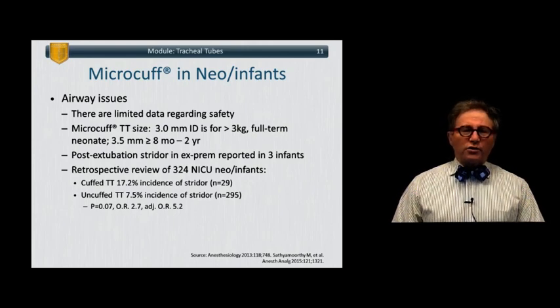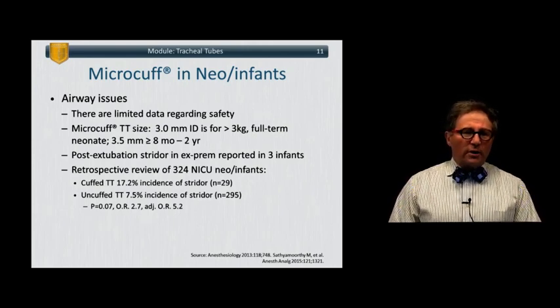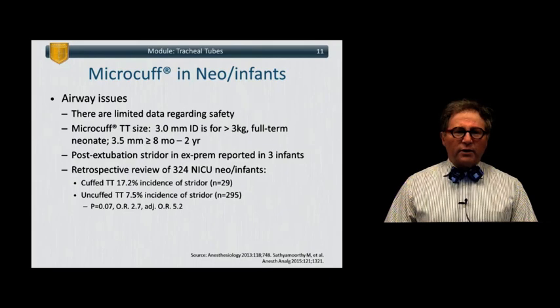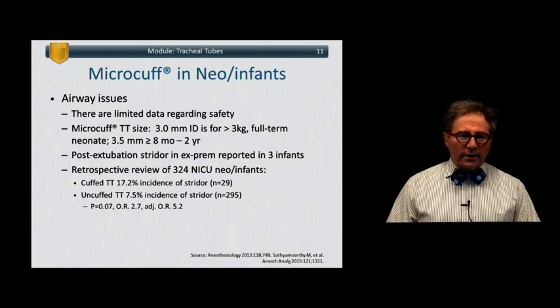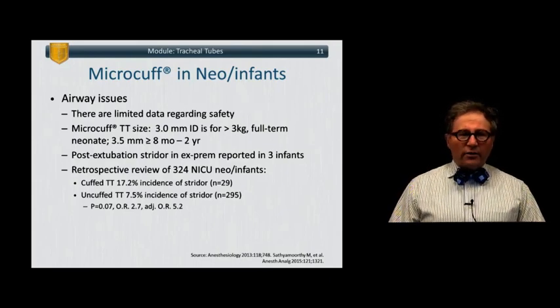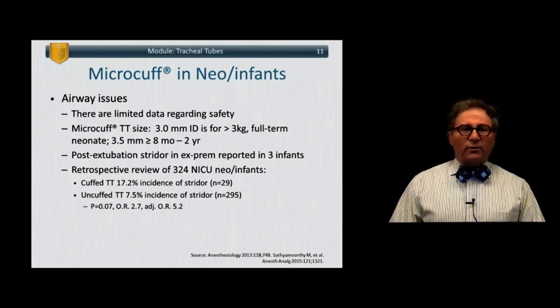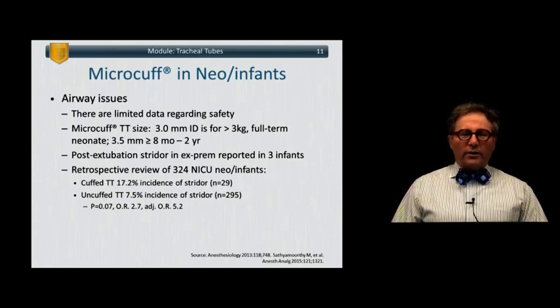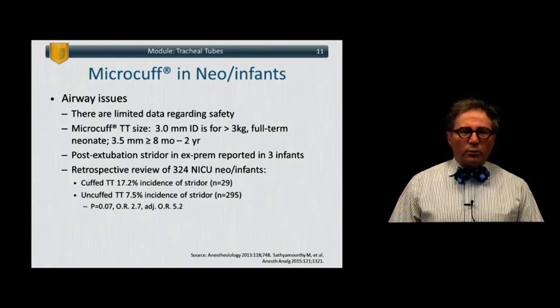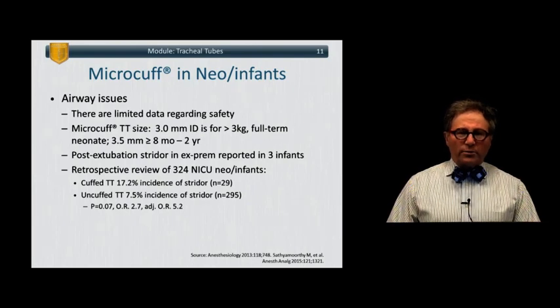And so this notion that we should be cautious in using these microcuff tubes in very young kids, and that the sizes are not designed for such small airways, needs to be considered if one moves to using these tubes in ex-premature and very small infants.